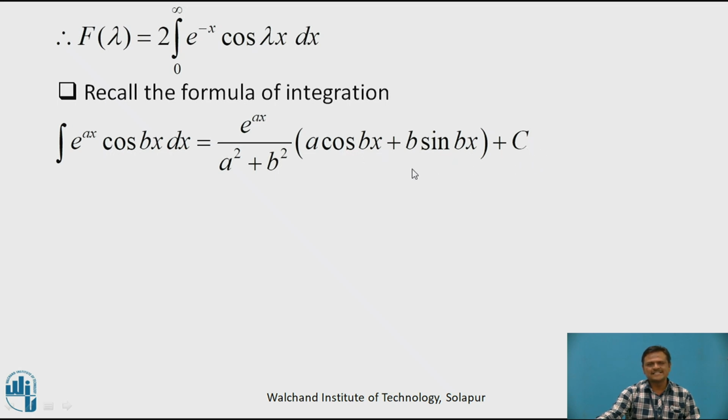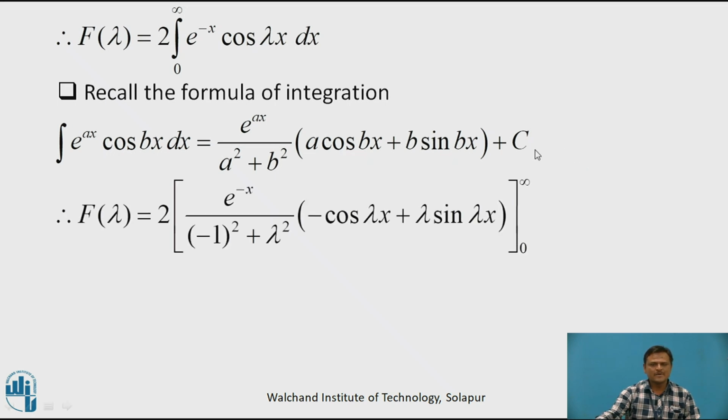The arbitrary constant c is written because this formula is for indefinite integration, and here we are dealing with definite integration.